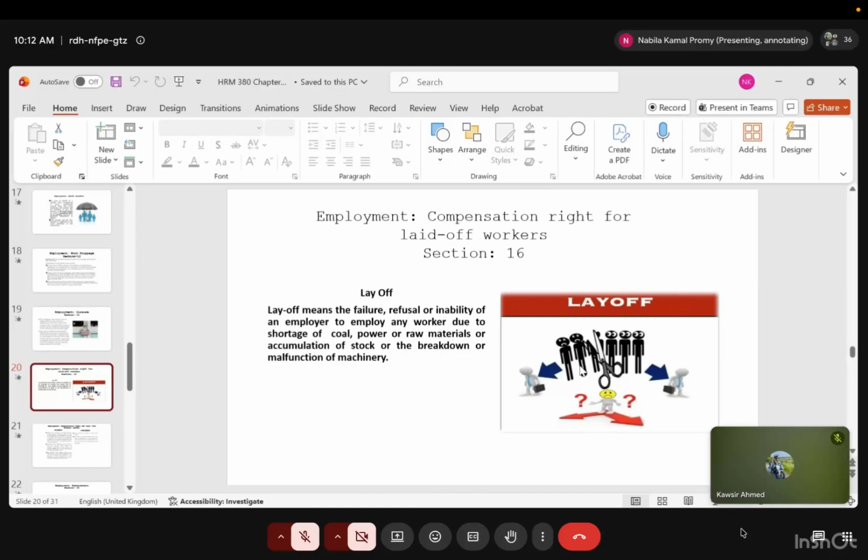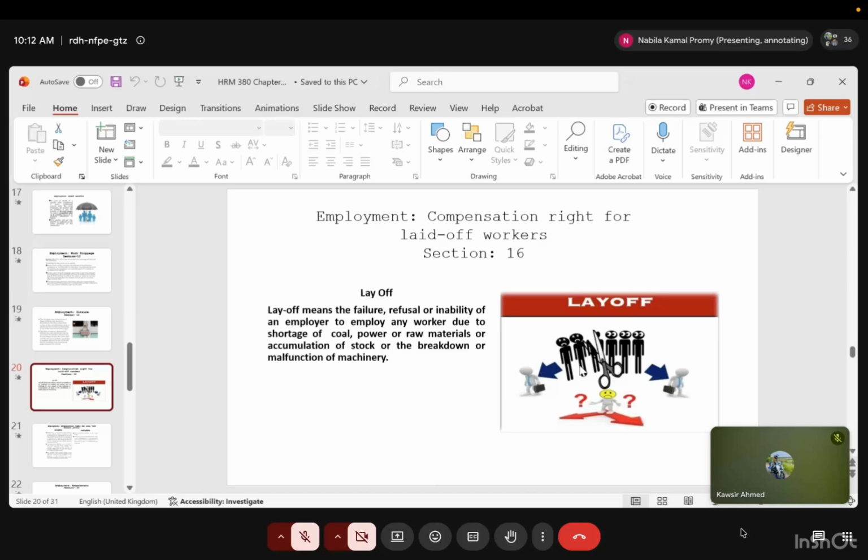তার মানে এখানে employee-র কোনো ভুল নাই, but employer doesn't have the financial capability anymore to, let's say, pay the employees. It could be the company is going through some sort of financial loss. It could be the employer does not have enough raw material to run his or her company.